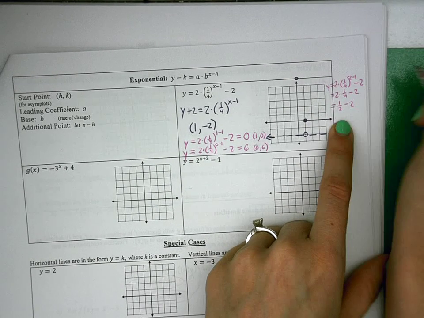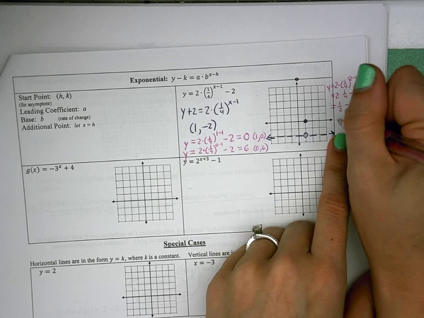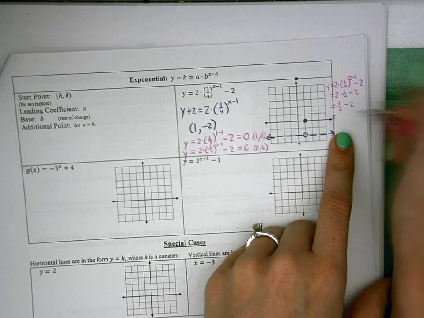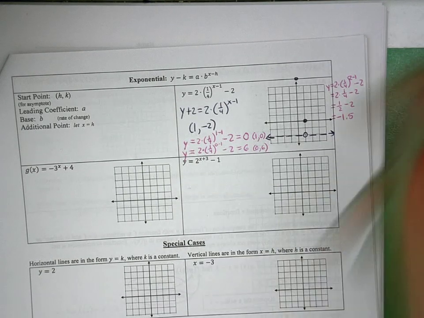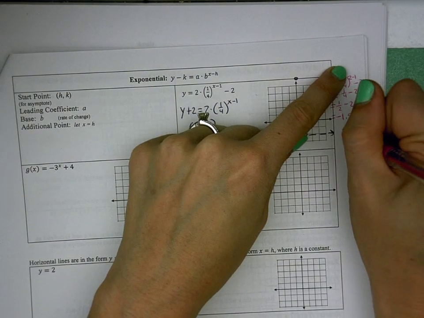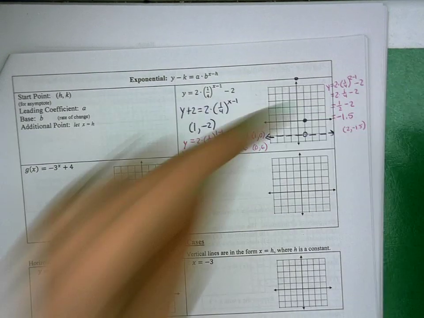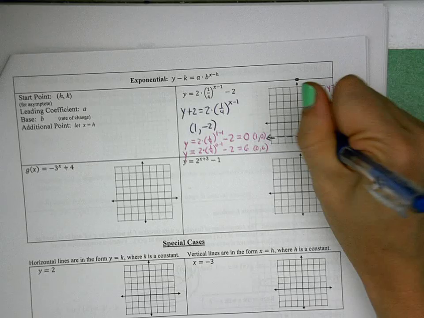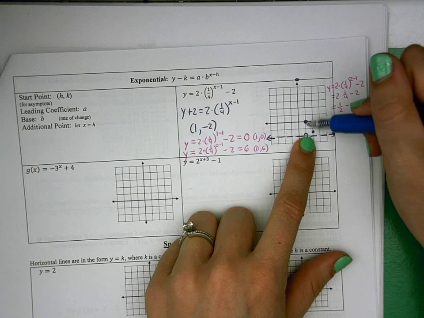And 1/2 minus 2 would be negative 3/2, or negative 1.5, depending on how you prefer to think of that value. And so we'd have a point at x equals 2, y equals negative 1.5, which is kind of here-ish. And so you could get your curve through those 2 points if you wanted to.